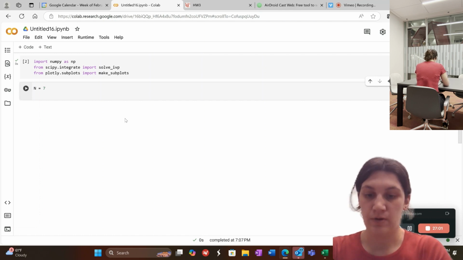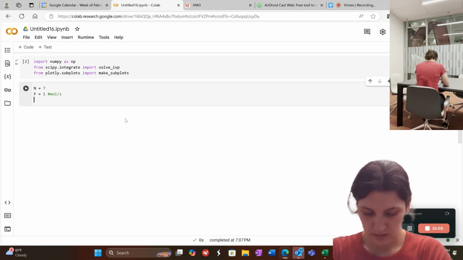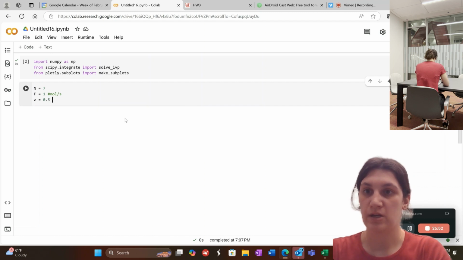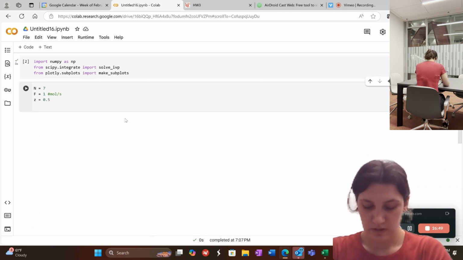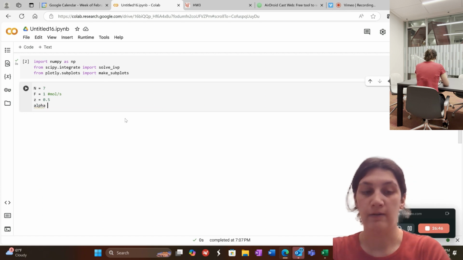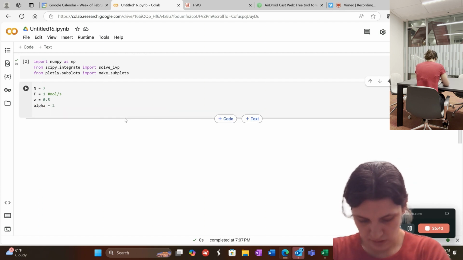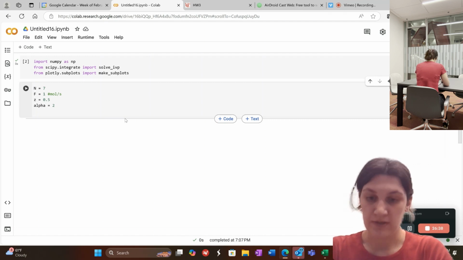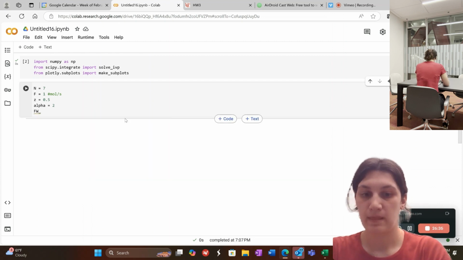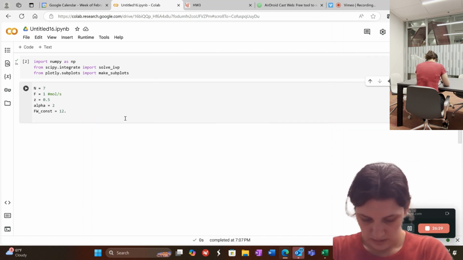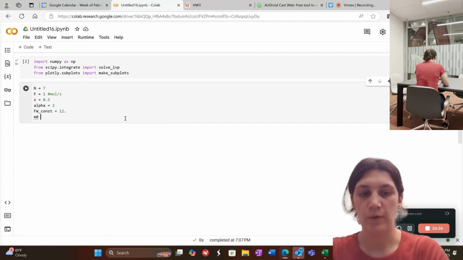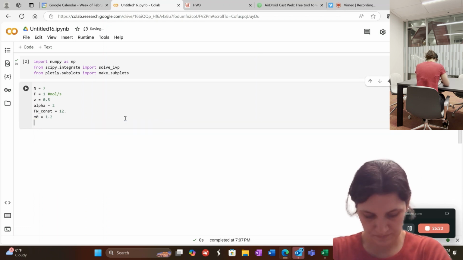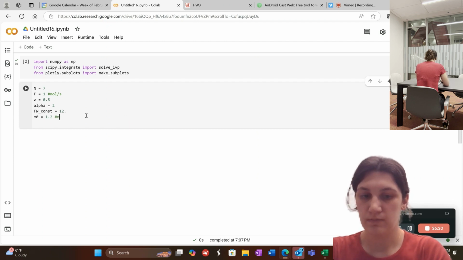It then says that our feed flow is 1 mole per second, with a mole fraction of 0.5. The relative volatility, which we'll call alpha, is equal to 2. And then we have our Francis Weir constant, which is going to be equal to 12. Our initial holdup is 1.2 moles.